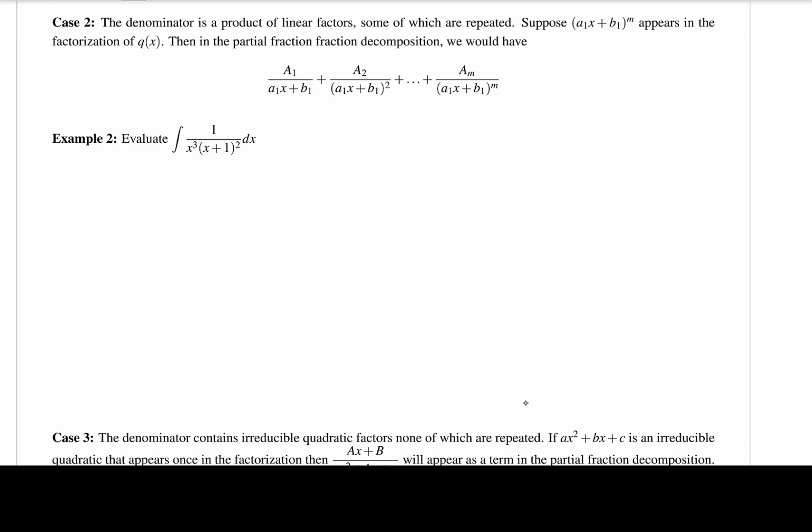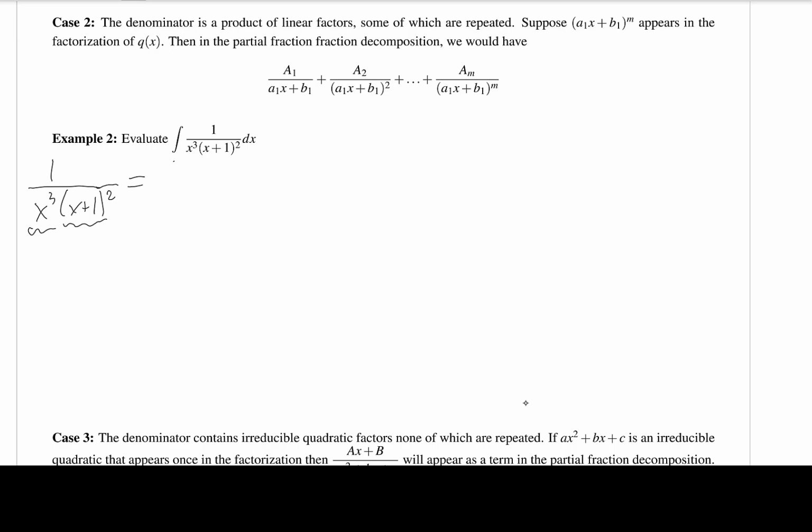What we're going to do is we'll rewrite our fraction. So we've got x cubed times x plus 1 squared is equal to, now I'm going to look at our two different linear factors. One of them is just x, the other one is x plus 1. And so x is being raised to the power of 3.